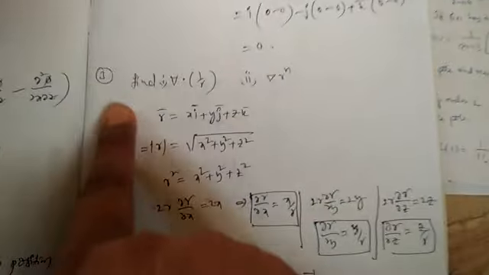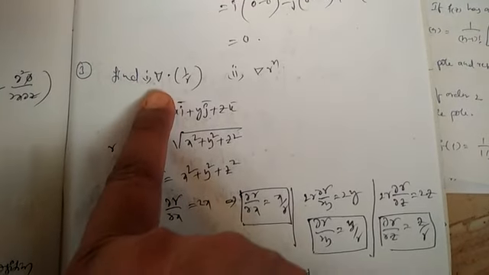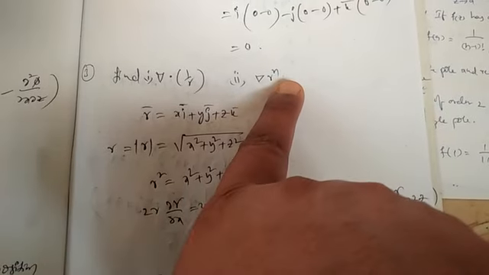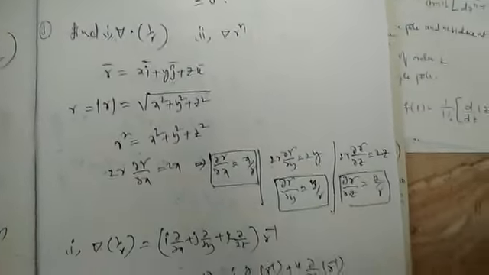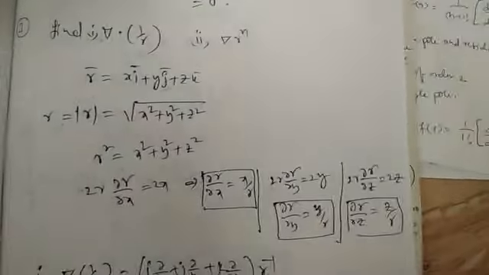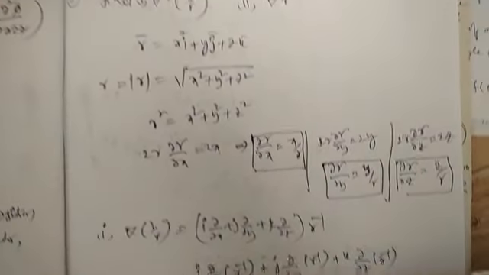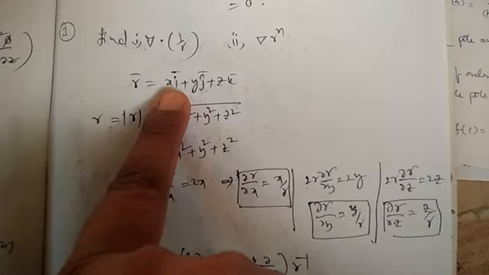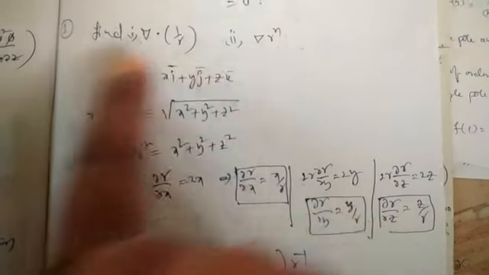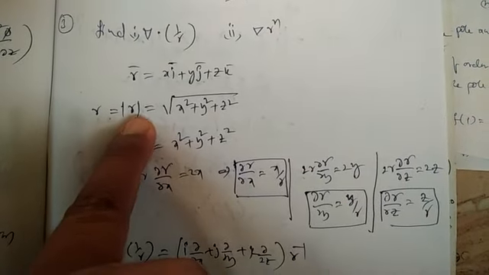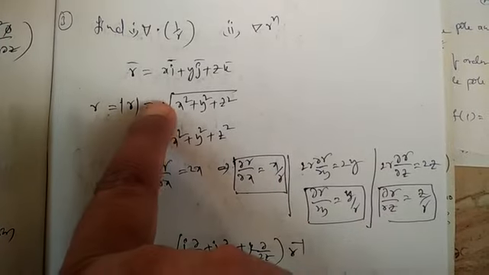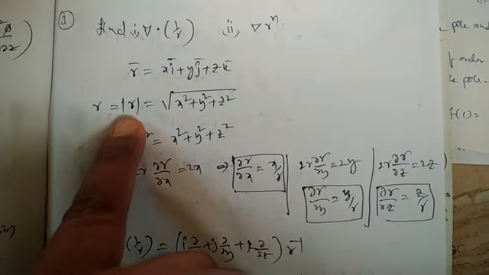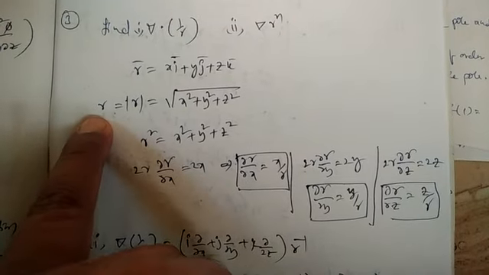The third one: find del dot (1/r del r^n). Before solving this, we need to know some relations. R bar is a vector, xi plus yj plus zk, the position vector. The magnitude of R bar is the square root of x² plus y² plus z², and we also represent this with r.